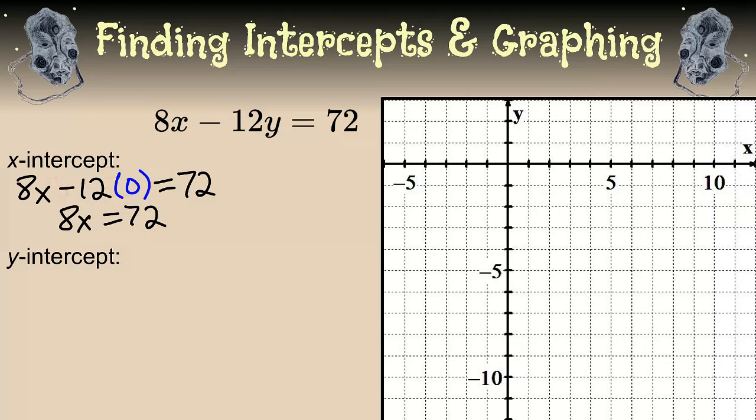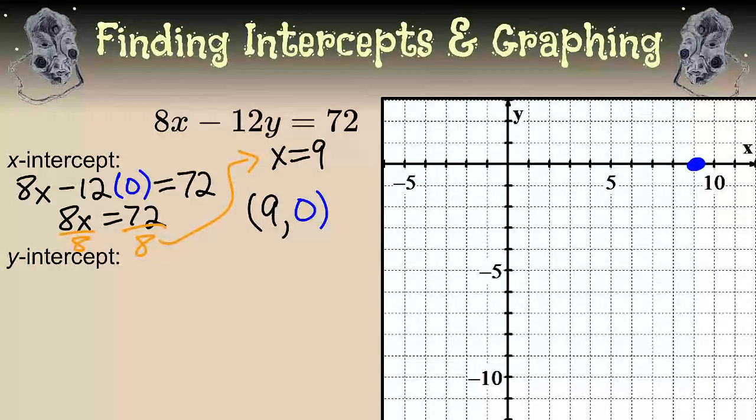That's why we do it. Dividing by 8 on both sides, I get x equals 9. So we have the point 9, 0. And I can plot that point right there.